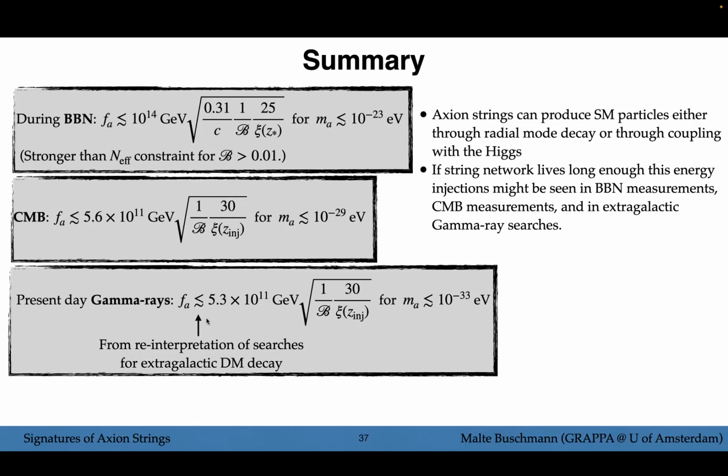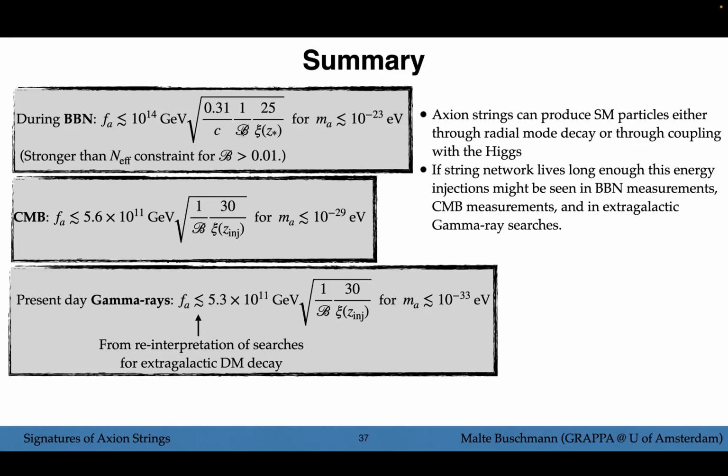Is small f allowed or big f allowed? It's an upper limit, because if you make your branching ratio larger, this value gets smaller, and you expect your limit to become stronger. So it's an upper limit. So f_a smaller than these are allowed.